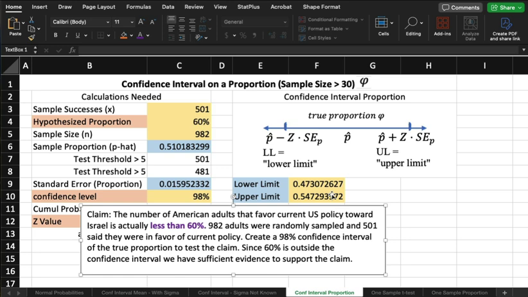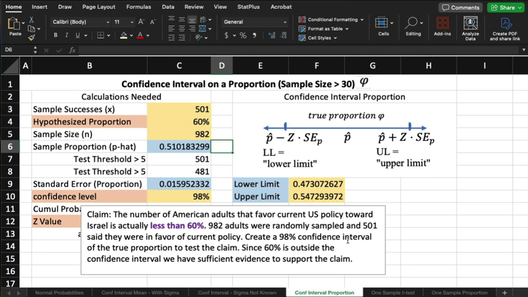That entire interval is less than 60%. So we do have sufficient evidence to support that claim that the true proportion is less than 60%. And the entire interval has to be less than 60% for us to be able to say that, okay?